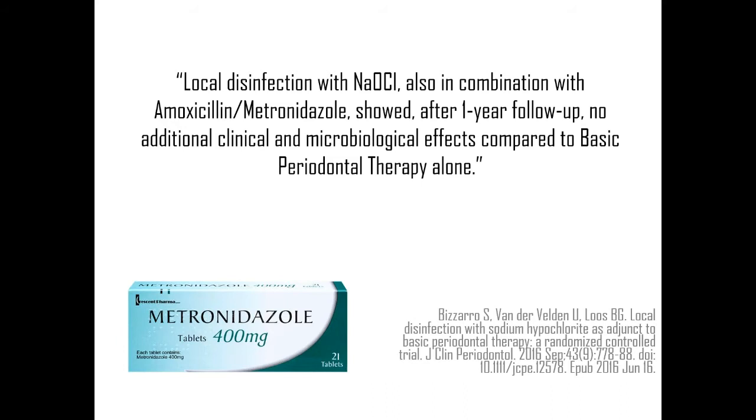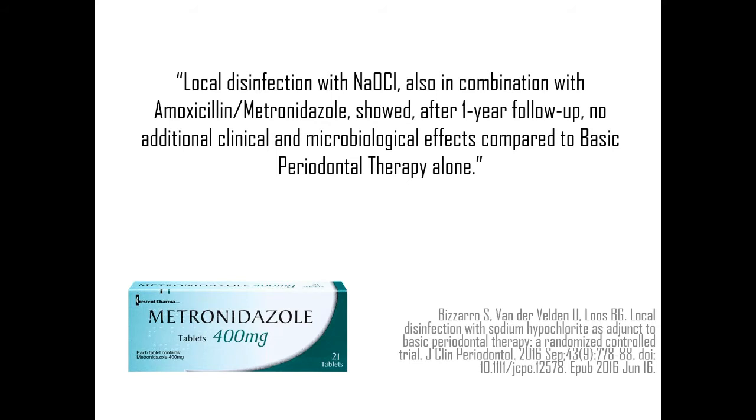The next study was a randomized clinical trial of 4 groups. 110 chronic periodontitis patients received basic periodontal therapy plus local irrigation with saline, or local irrigation and disinfection with sodium hypochlorite. Another group had basic periodontal therapy along with sodium hypochlorite and antibiotic therapy, which included amoxicillin and metronidazole.